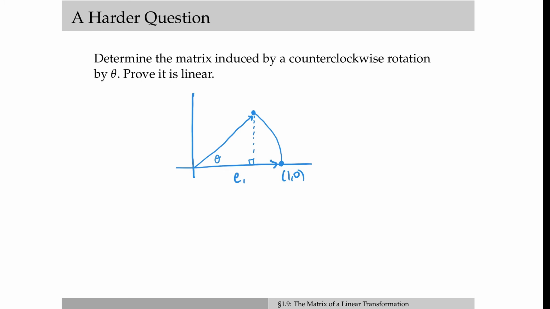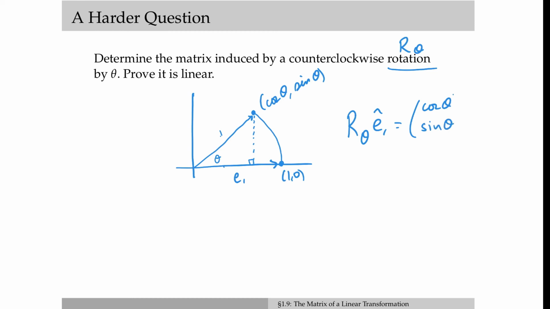Well, think about it. This is unit length, that's a right triangle, so the cosine of theta is adjacent over hypotenuse, which is 1, so that means that's the x. And then the sine of theta is opposite over hypotenuse, so that's the y value. So what does this rotation, let's call it r sub theta, do to E1 hat? Well, it sends it to cosine theta, sine theta.